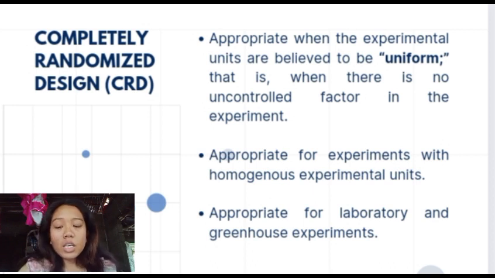And CRD is also used in experiments with homogeneous experimental units that are as uniform as possible in all characteristics that could affect the response. And also, CRD is appropriate for laboratory and greenhouse experiments, to control the environment in which all the experimental units have the same conditions, or being homogeneous po.